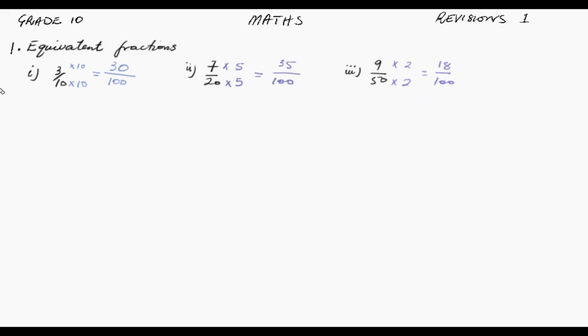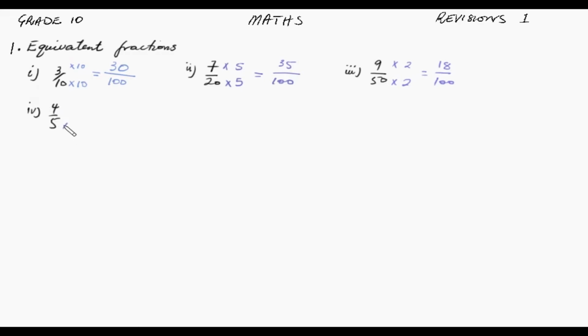Now, let's continue with another example. Let's say we have 4 over 5. An equivalent fraction with the denominator 100 would be what?